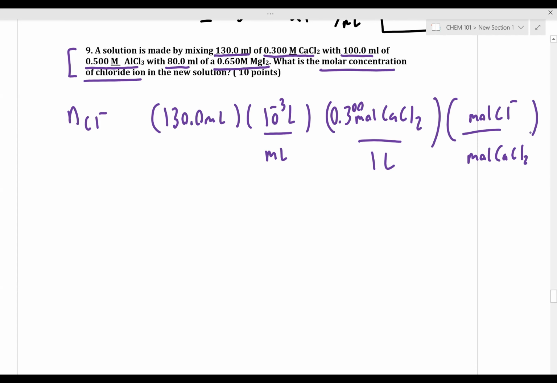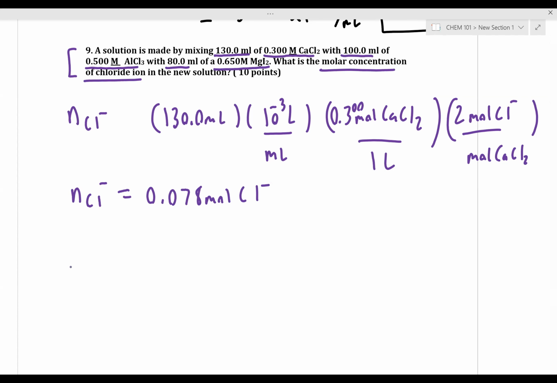How many chlorides do you see? 2. So then for our moles of chloride from this calcium chloride, we have 0.130 times 0.3 times 2. That in turn gives us 0.078 moles of chloride. Does that make sense? So we're calculating the moles of chloride in our first solution.